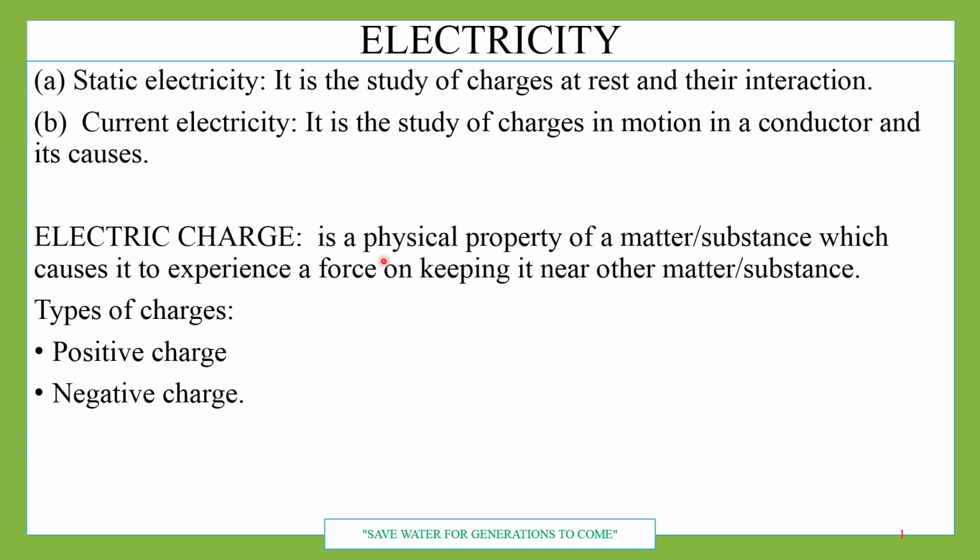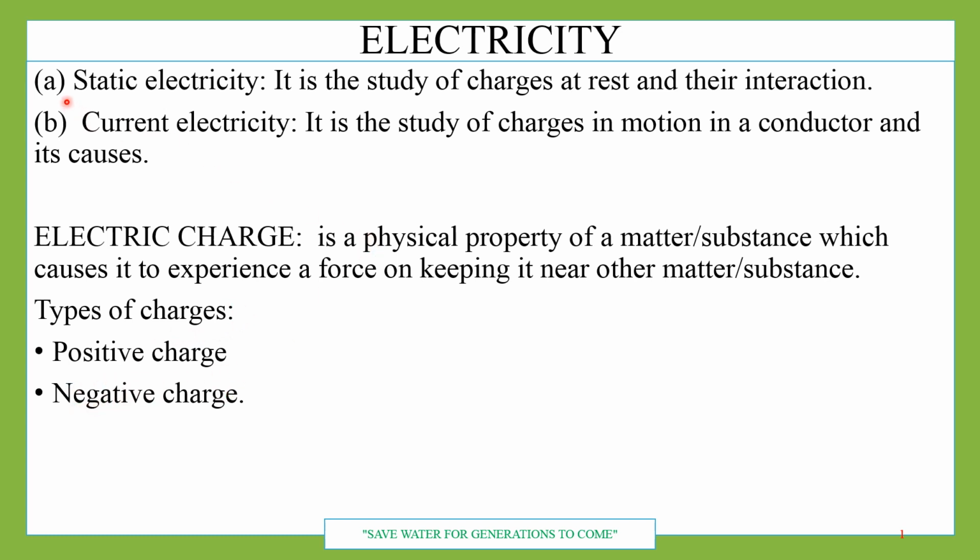And in the second case, when I was bringing a straw near a water stream, it was being attracted. So from this, we come to know that both forces, attraction and repulsion, are experienced here. So we come to know that there are two types of charges, positive charge and negative charge.